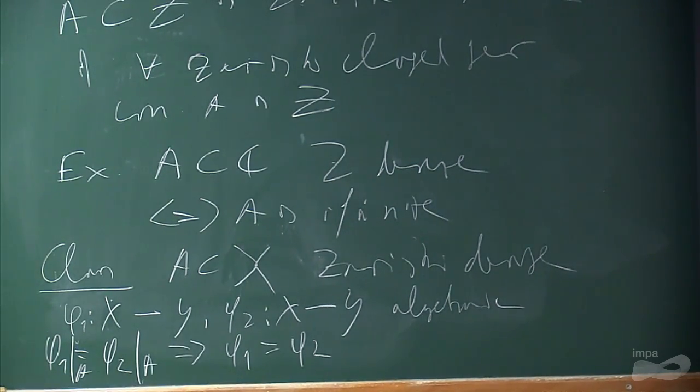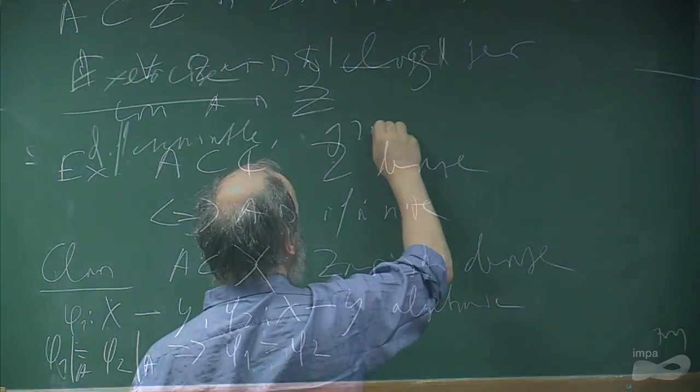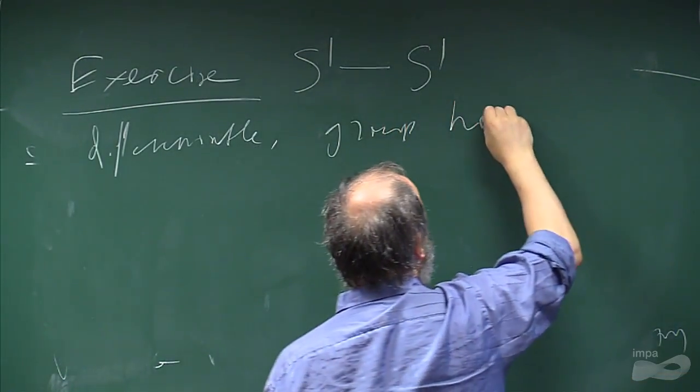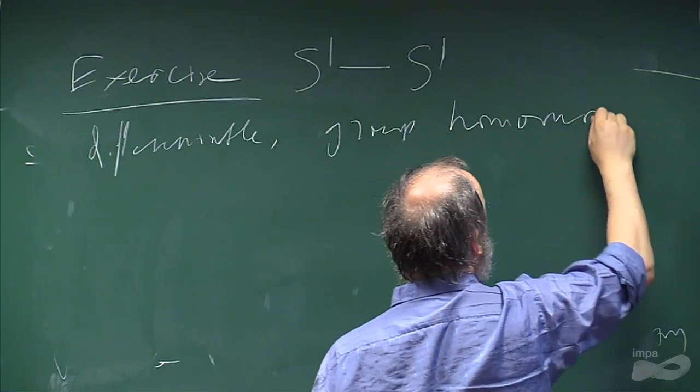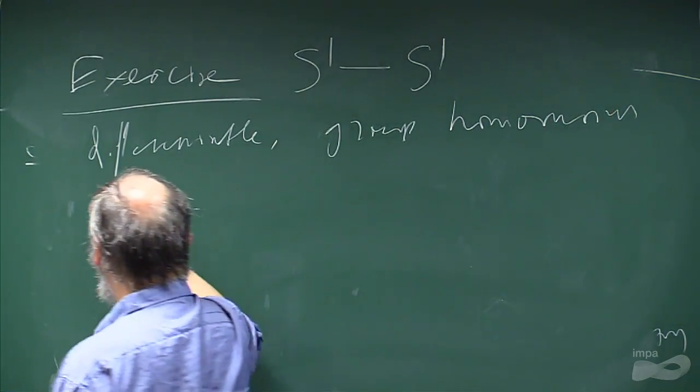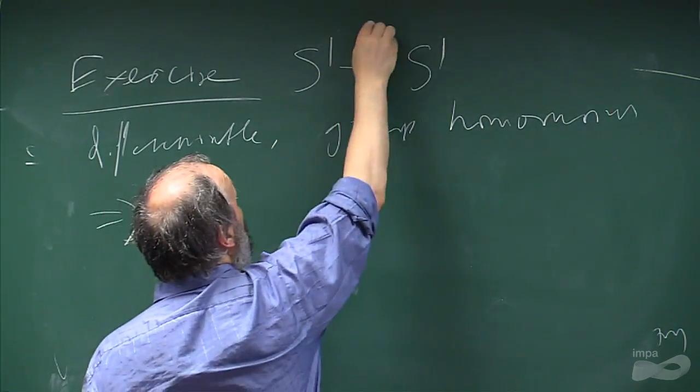You have a map from S1 to S1, differentiable, and a group homomorphism. Let's call it rho.